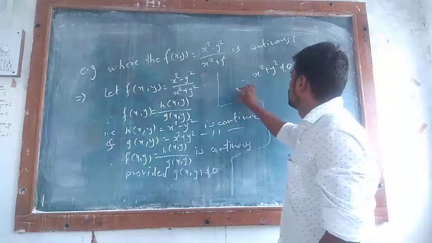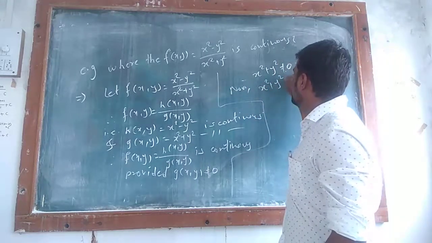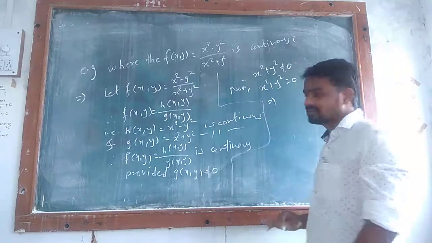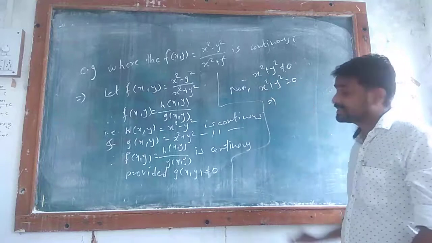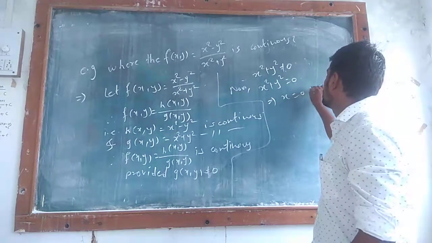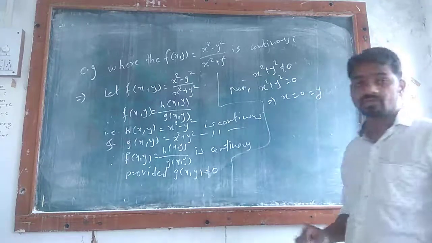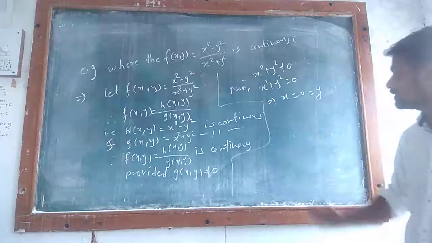Now if x square plus y square is equal to 0, then this implies we have two positive numbers and their addition is 0, then both are also 0. Therefore, x is equal to 0 and y is equal to 0. Therefore, we have the exceptional case only at the point 0, 0.